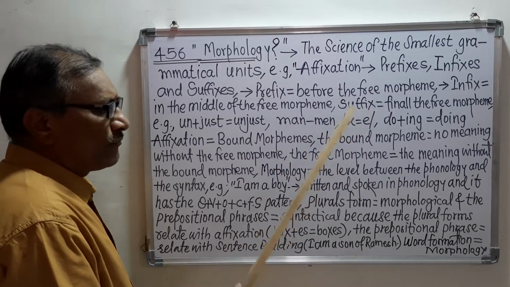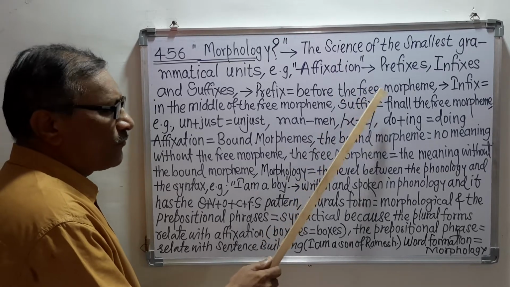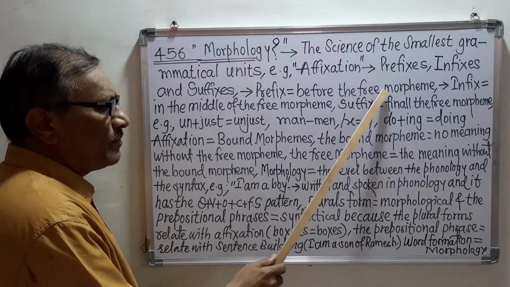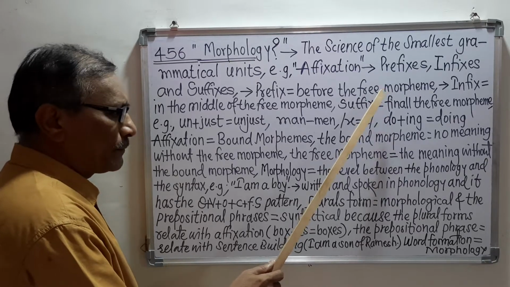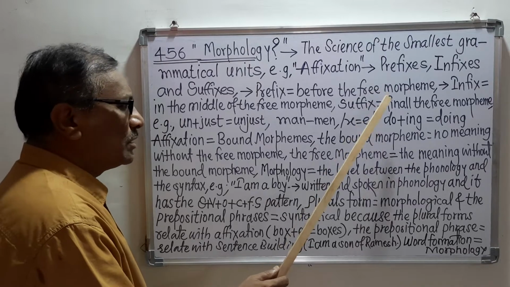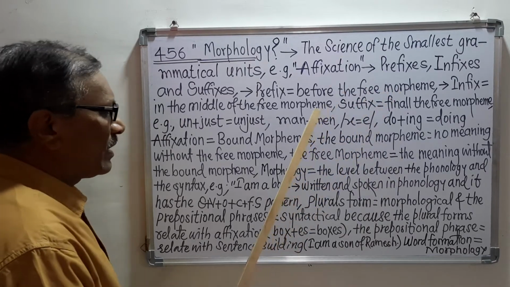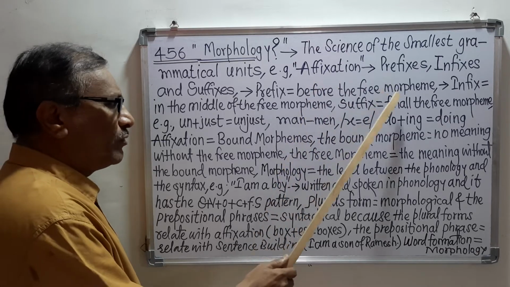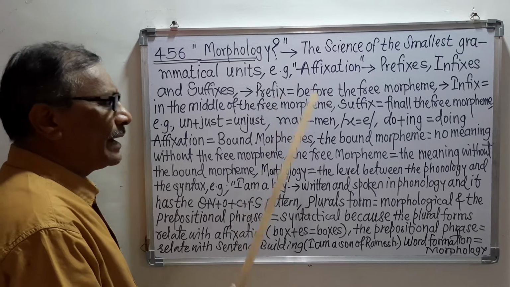Now see, what is the free morpheme? A free morpheme means a word which has meaning, which gives the complete meaning. That is the free morpheme. So before the free morpheme, the prefix is added.